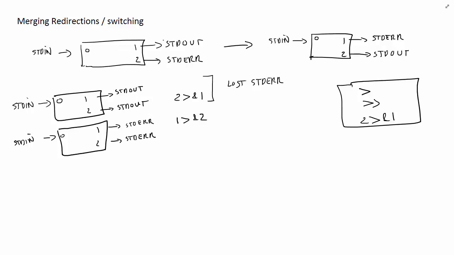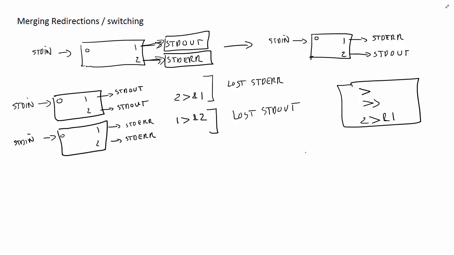I'm just assuming that these are two abstract things that I call STDOUT and STDERR, that can be pointing to whatever resource, and I just want to swap them without losing the information I have already about what they are, referred to by file descriptor 1 and file descriptor 2. So here, by just doing this, I just lost the information. And here I lost information, but this time I lost STDOUT.